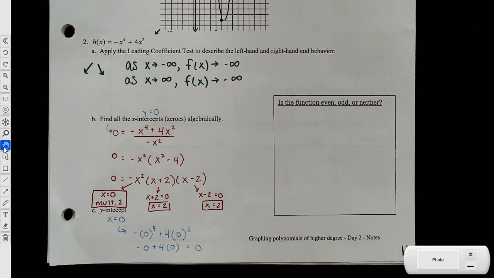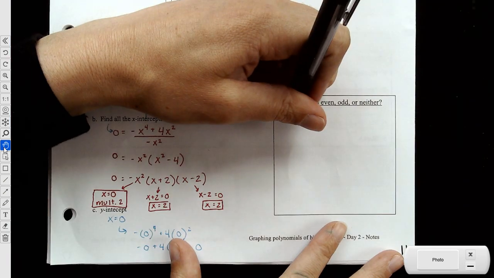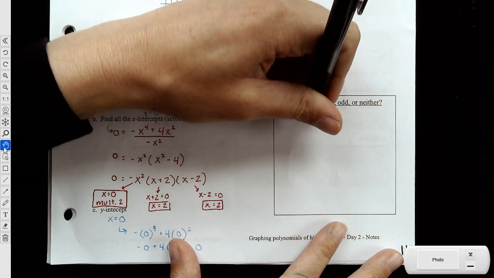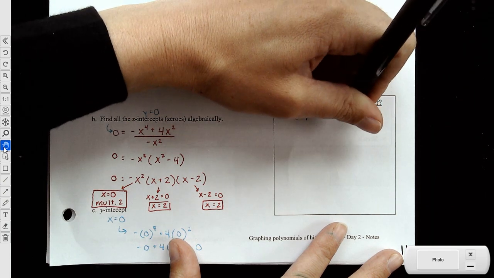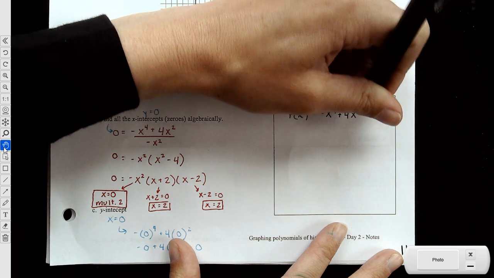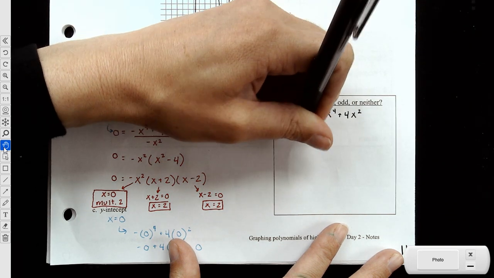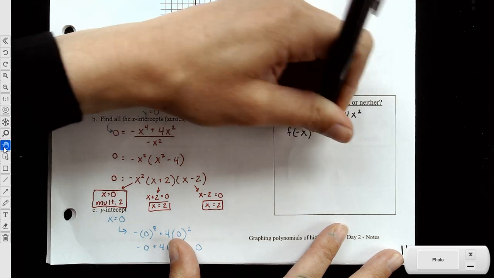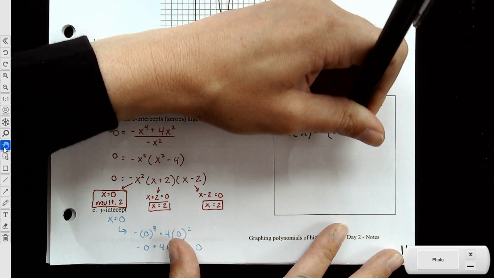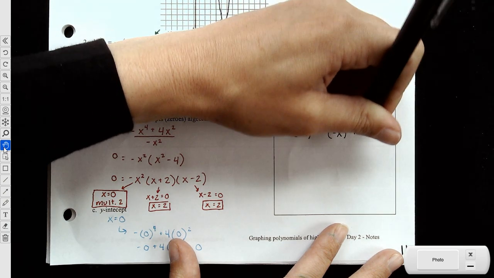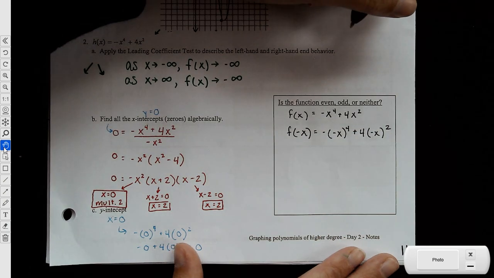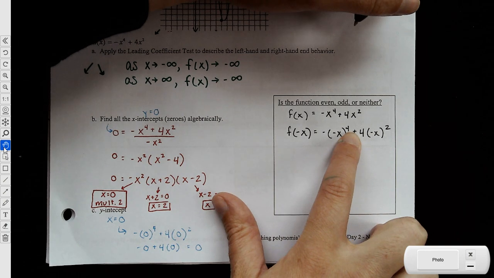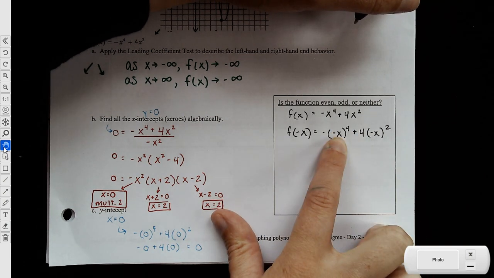Now, one last thing I'm going to figure out: is it even, odd, or neither? So first I have f of x equals -x to the fourth plus 4x squared. So first I'm going to plug in -x, so f of -x. Now keep in mind, if I have a -x to an even power, that makes it the same as just x to the fourth.